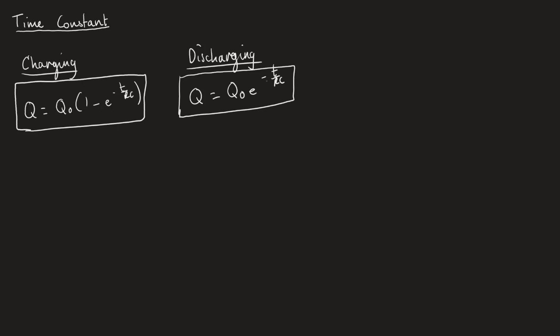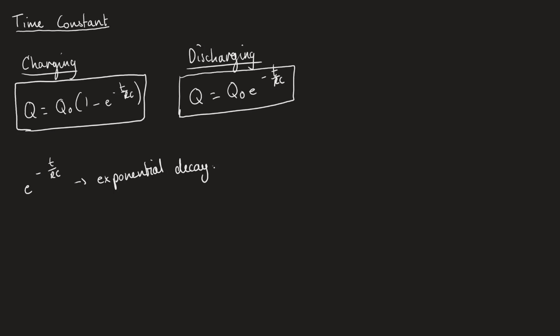And we said that this e to the minus t over RC is just explaining an exponential decay. In both cases, this is the same thing. Now, this requires a small bit of maths knowledge from A-level maths.